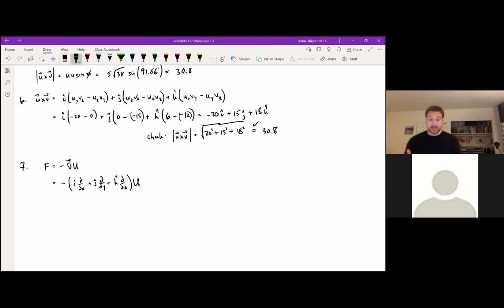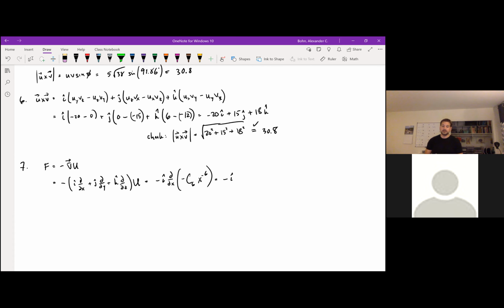So the only one that survives is x. Negative I hat del by del x of negative c sub 6 over x to the 6th. Let's make that c sub 6 x to the negative 6. Negative exponents are our friends. Negative I del, well, we can take the derivative.